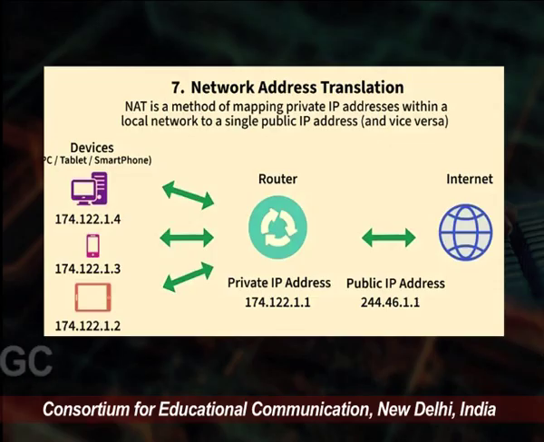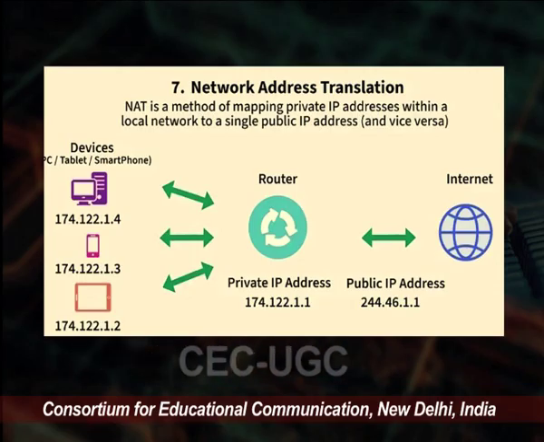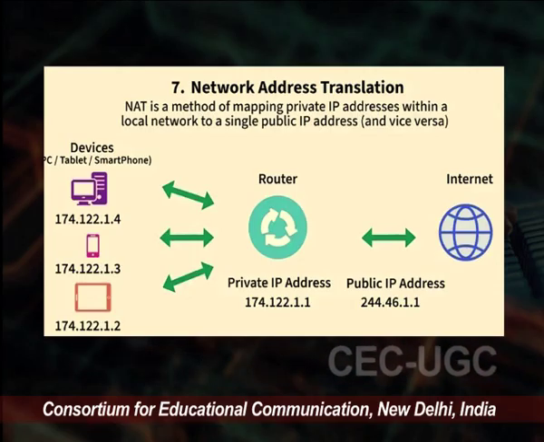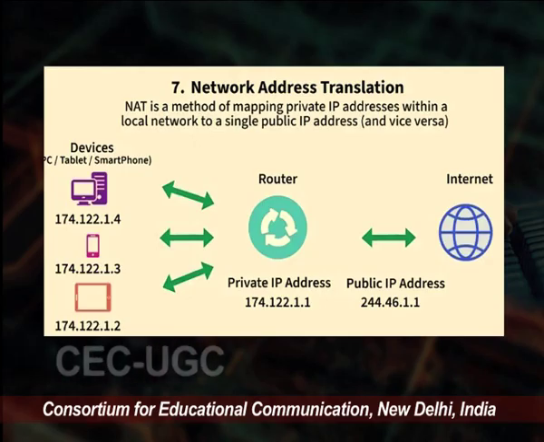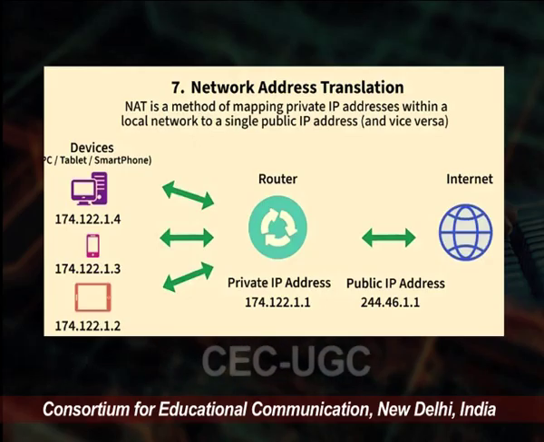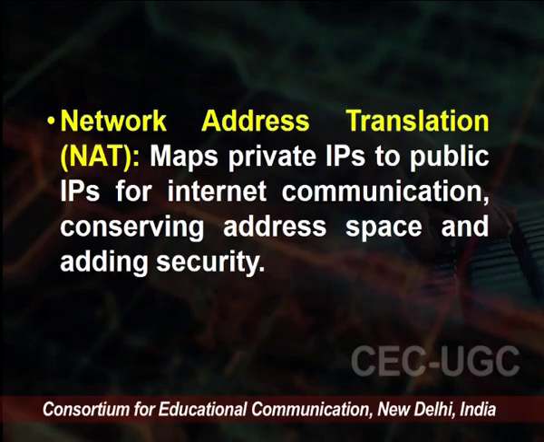So, NAT is basically a method of mapping private IP addresses within a local network to a single public IP address and vice versa. So, what is this NAT? Let us try to look into the detail.